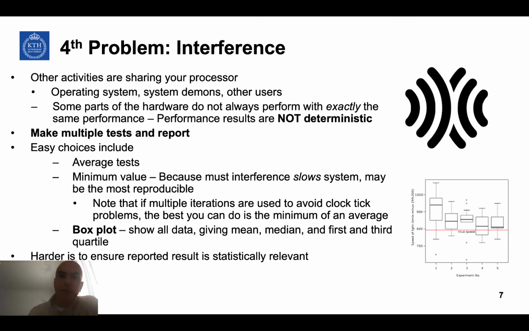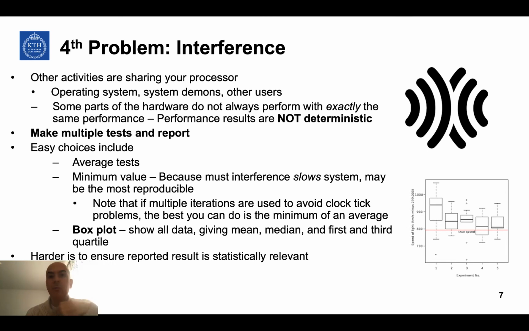Also, some parts of the hardware do not always perform with exactly the same performance. So the performance results in general are not deterministic. So running the same measurement multiple times, it's very unlikely you will always get the same performance results, and this is due to the fact that performance results are not deterministic.